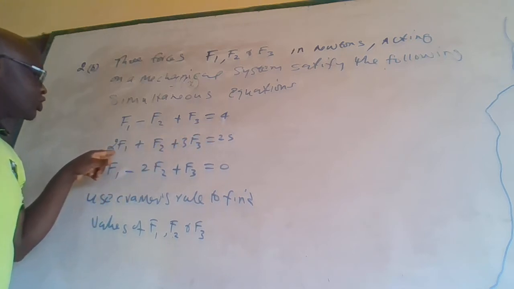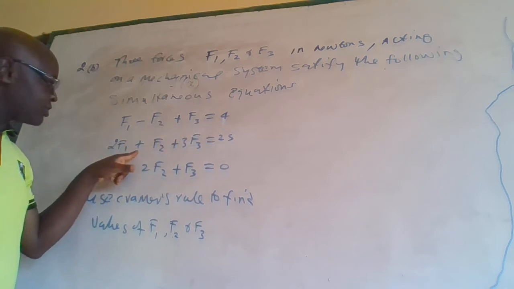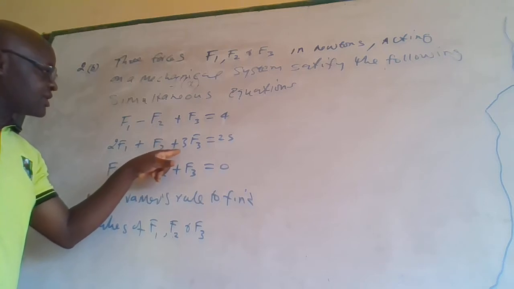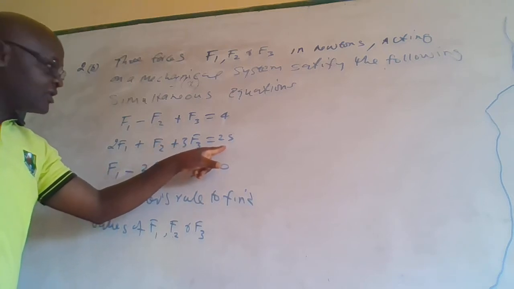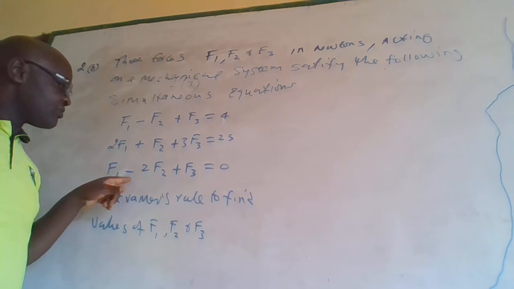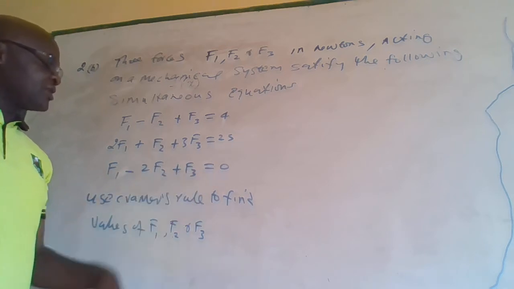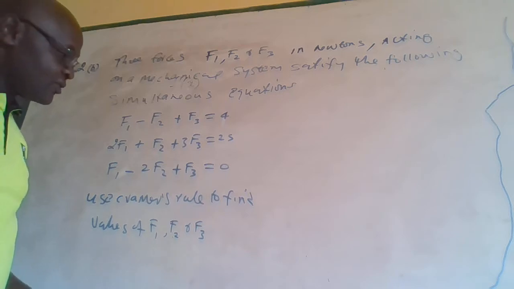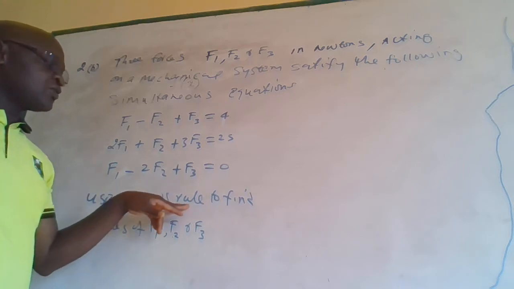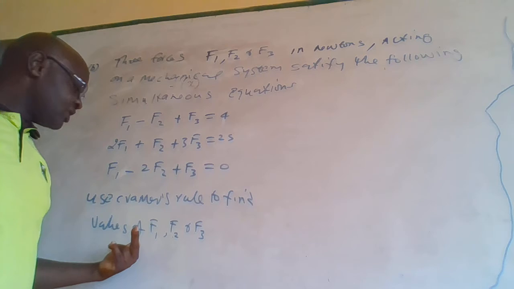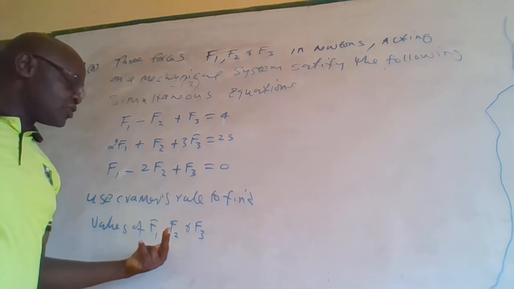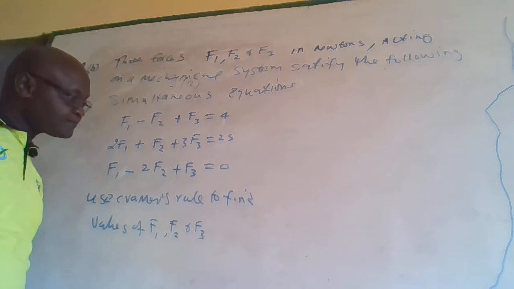Then we have 2F1 plus F2 plus 3F3 equals 25. And then we have F1 minus 2F2 plus F3 equals 0. So they want us to use Cramer's rule to find the values of F1, F2, and F3.